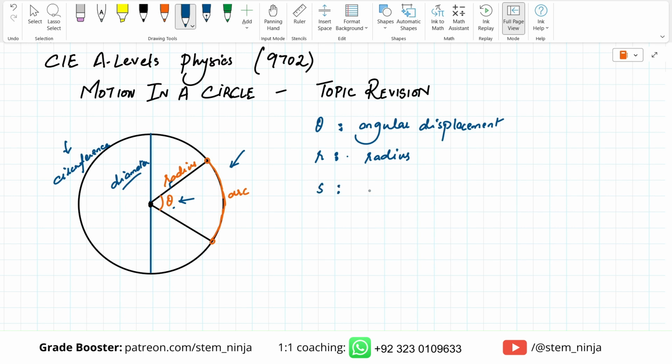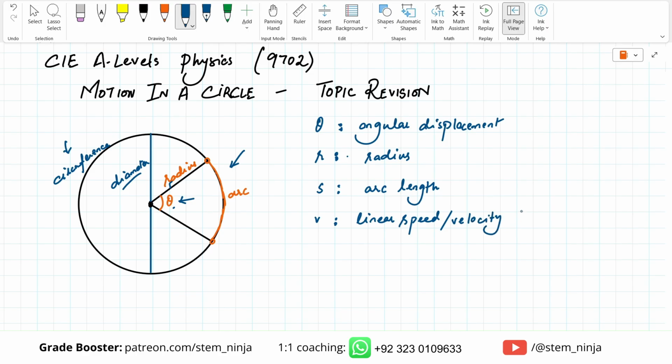S will be representing the arc length. V will represent the linear speed or velocity.